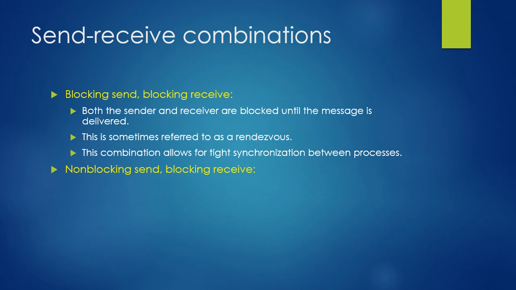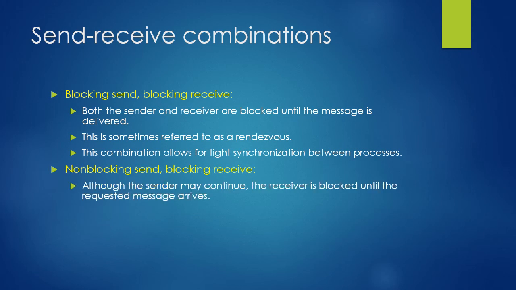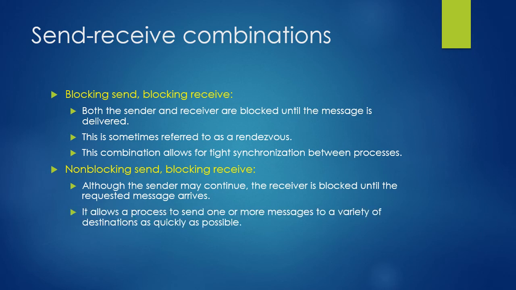Non-blocking send and blocking receive. Although the sender may continue, the receiver is blocked until the requested message arrives. This is probably the most useful combination. It allows a process to send one or more messages to a variety of destinations as quickly as possible.